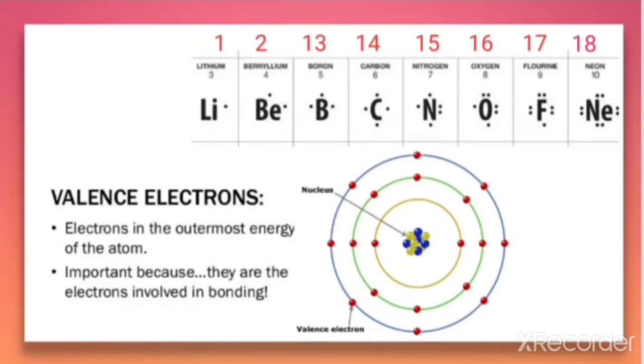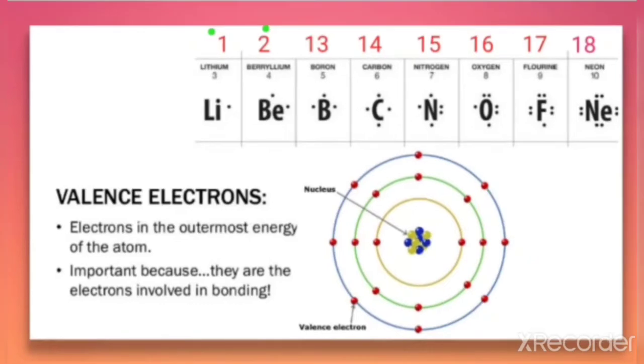So when you look at here, the group number for lithium is 1. So how do you find out the valence electrons? If you are familiar with the position of an element in the periodic table, that means if an element belongs to group 1, it has 1 valence electron.